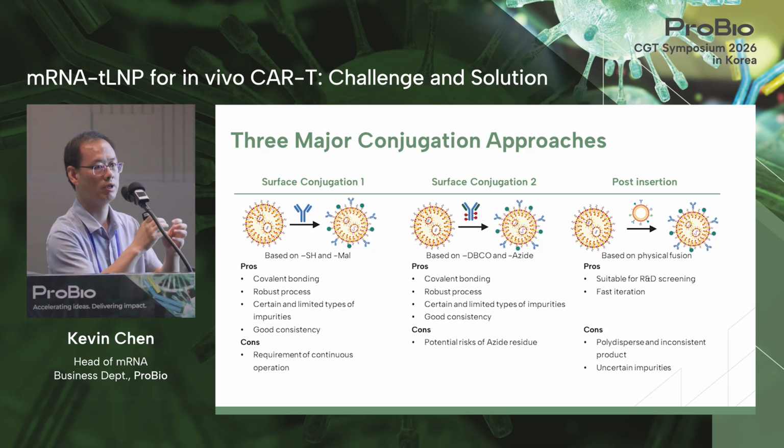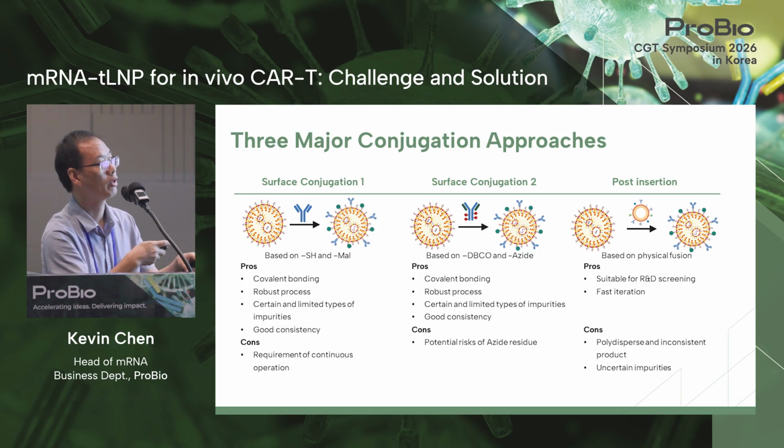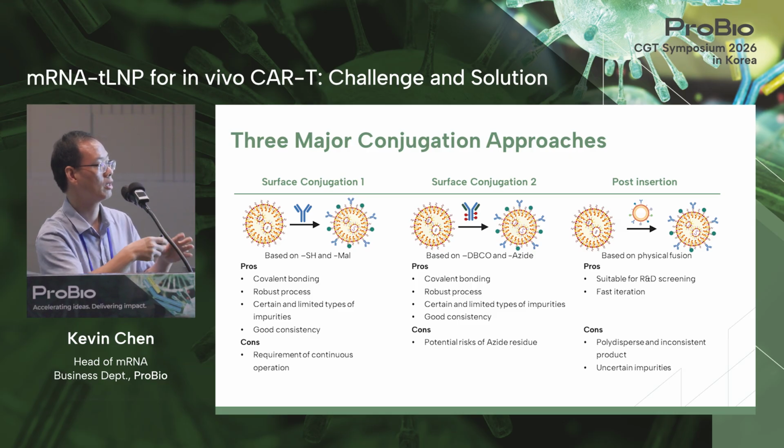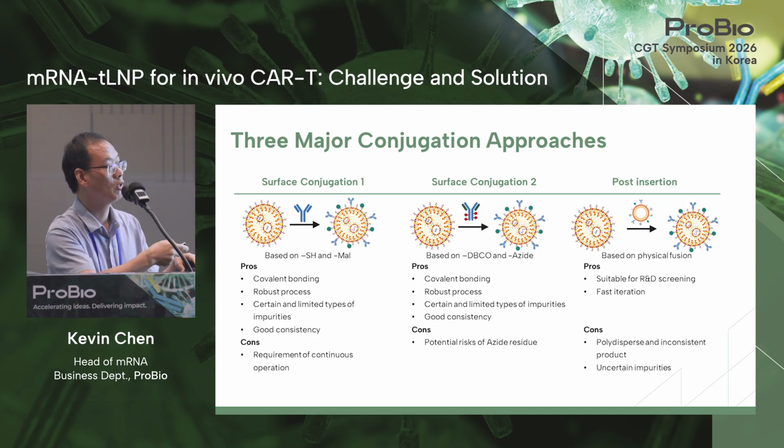They automatically fuse together and generate the final tLNP product. The pros are that it's very easy for R&D screening and has a faster turnaround time. The cons are that the PDI will not be so even after fusing these two nanoparticles together, and there are some uncertain impurities. So most of the time, our CMC projects will choose the first two methods.